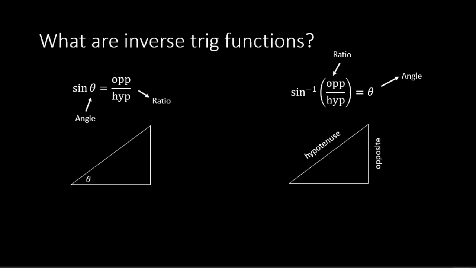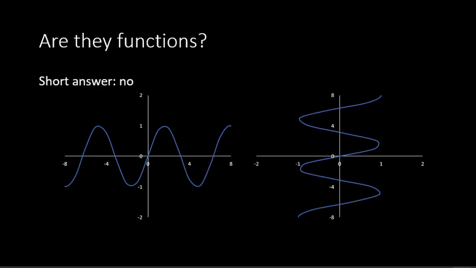And that's what inverse trig functions are for. If we know the correct ratio, it finds us the angle. It's called inverse sine. You'll see it written sometimes with a little -1 superscript. You will also see it written sometimes as arcsine or arccosine. They each have one, and arctangent.